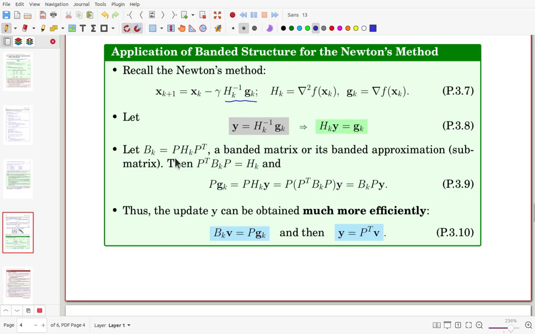Now assume we have some transformation such that this is a banded matrix, or a banded approximation of some matrix. Then this is the same as that one. So start with Pg. Now g is the same as Hy, so PHy.